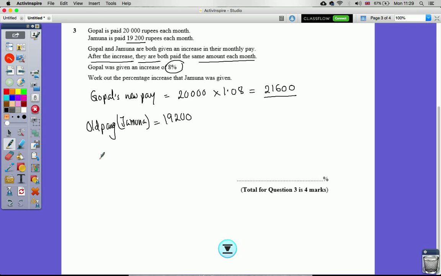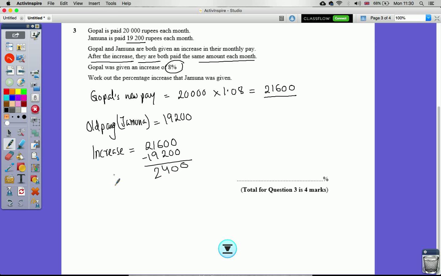So the increase she got was 21,600 minus 19,200, which is 2,400, right?